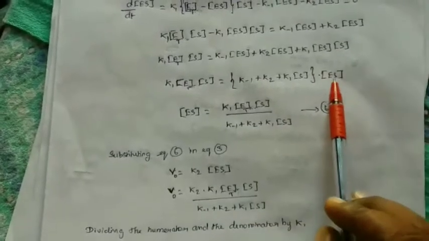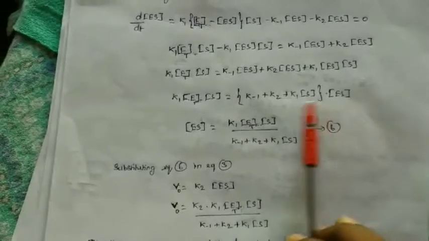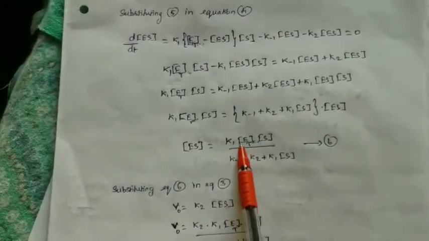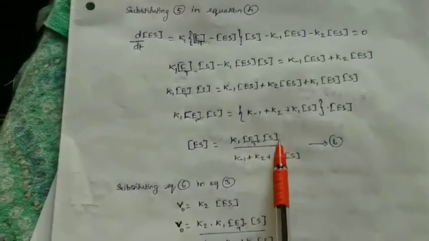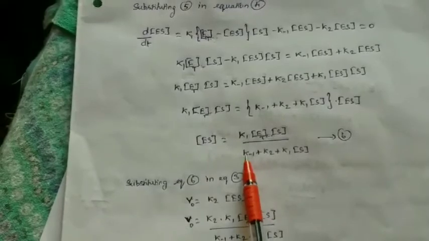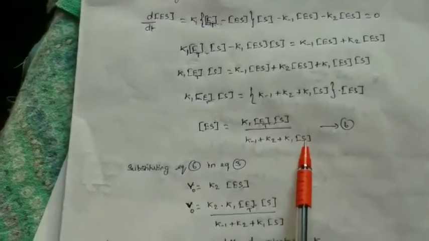So then we are going to find the enzyme-substrate complex. ES complex concentration is equal to K1 into enzyme total concentration into substrate concentration upon K-1 plus K2 plus K1 into substrate concentration.